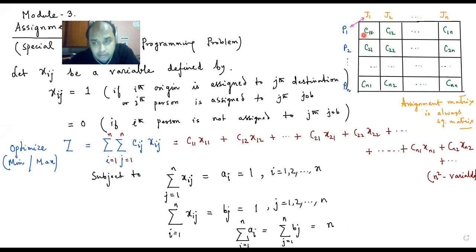If these are costs, and suppose P1 is a machine and J1 is a job, then if job J1 is assigned to machine P1, the cost involved is C11. If job J2 is assigned to machine P1, the cost involved is C12. If job JN is assigned to machine P1, the cost involved is C1n. Like this, we read the things.